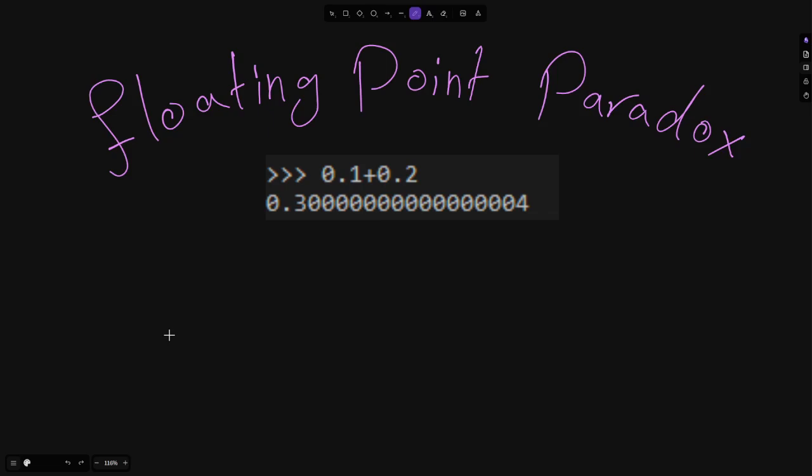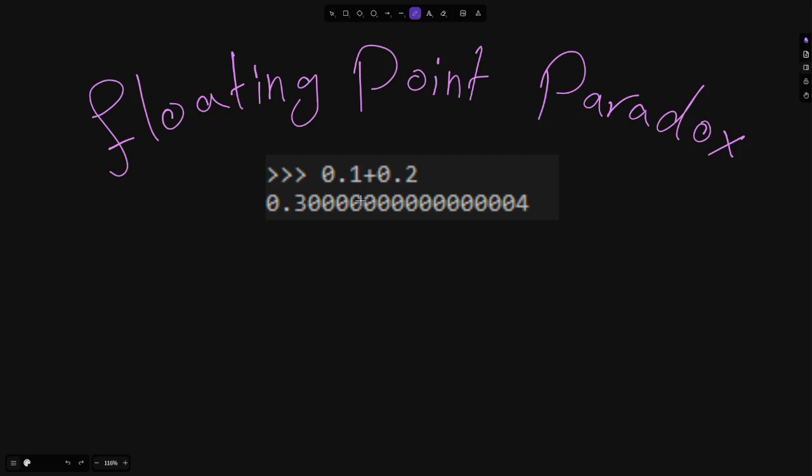The moment you become a beginner programmer, you type 0.1 plus 0.2 and you get this strange result. Even on multi-$1,000 machines, it still makes that failure.